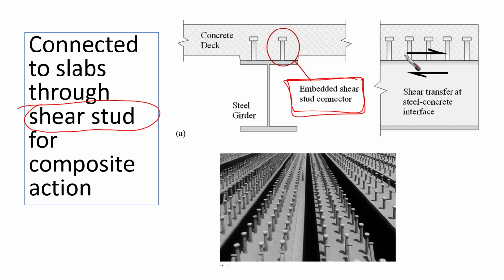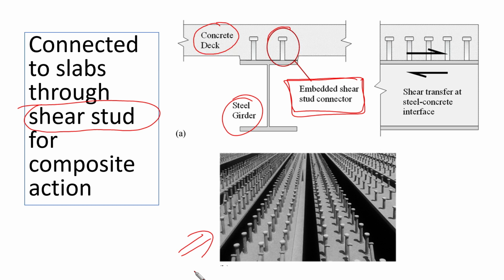The concrete deck is poured on it, and then this embedded shear stud connector is going to transfer the loading on the concrete deck through shear flow to the steel girder, as you can see here.